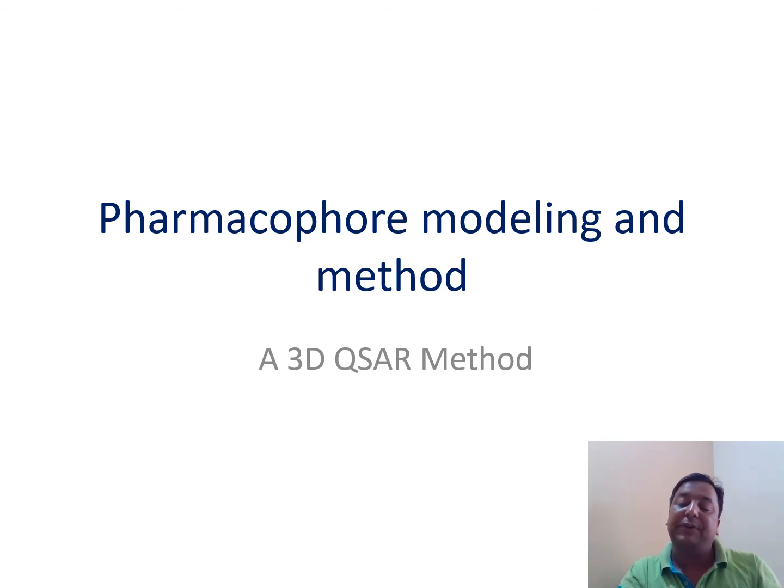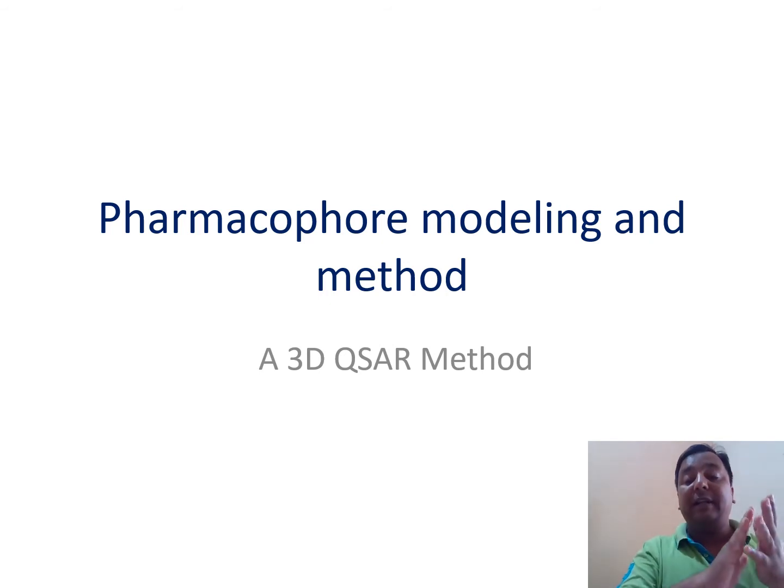This is also the same. In 2D QSAR, the 2D descriptors respond to the biological activity. In 3D QSAR modeling, the 3D descriptors respond to the biological activity, exhibiting the relations between the biological activity and the 2D and 3D QSAR descriptors.